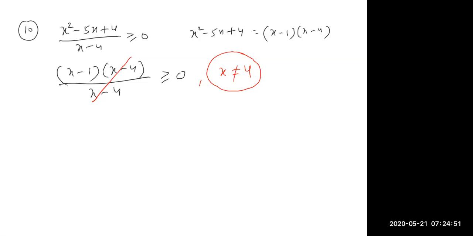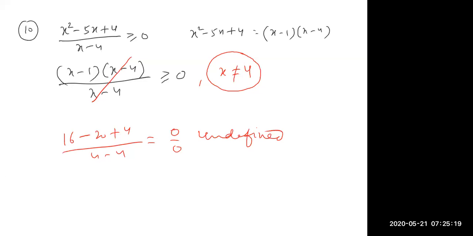Because at x equal to 4, if you put in the original function, 16 minus 20 plus 4 upon 4 minus 4 is equal to 0 upon 0. So it is undefined. When I'm cancelling, that means I'm modifying the function. This is a very, very important factor. So this remains undefined, that means I cannot put x equal to 4.